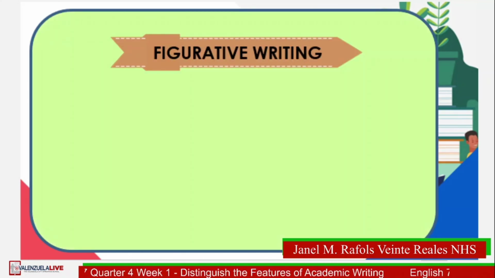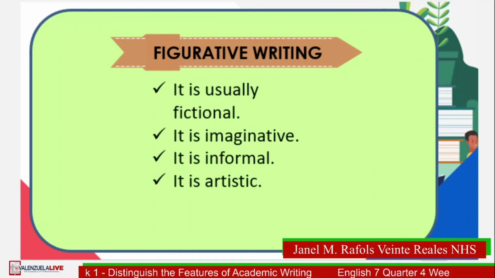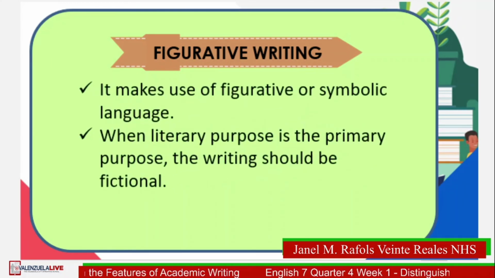For figurative writing, it is usually fictional, imaginative, informal, artistic. It also makes use of figurative or symbolic language. When literary purpose is the primary purpose, the writing should be fictional.